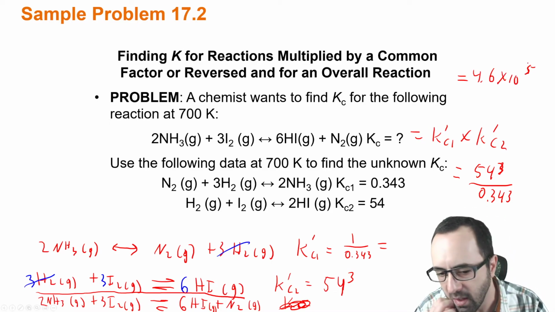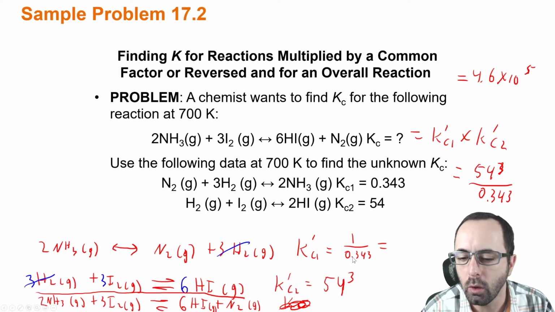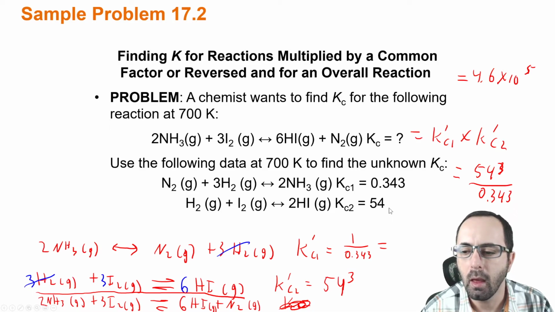Okay, great. And so now we've used all of these rules that we spoke of here. We had to reverse the reaction. When you reverse the reaction, it's 1 over the K for the original reaction. We multiplied this reaction by 3, so we had to cube the old K to get the new one. Then since we added these two reactions to get the overall reaction, we multiplied the K's to get the new K. And that K was about 4.6 times 10 to the 5th.